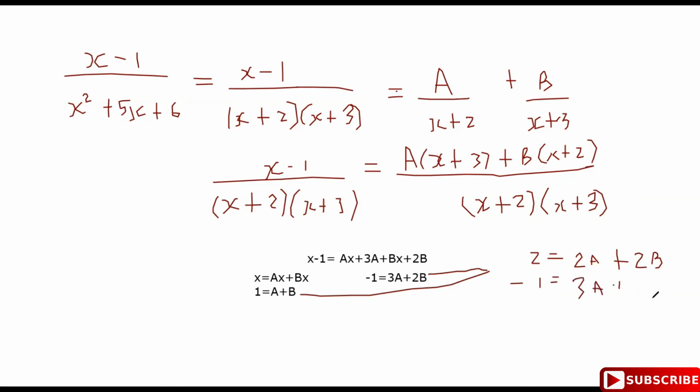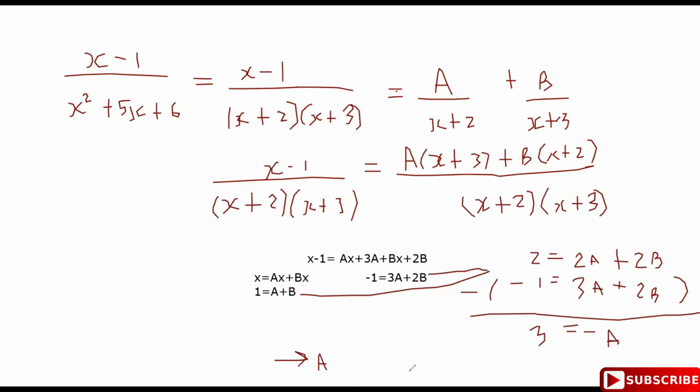Then I'm going to subtract them. So what I'm going to get is 2 minus minus 1 is 3, 2a minus 3a is minus a, and 2b cancel. And so a equals negative 3.